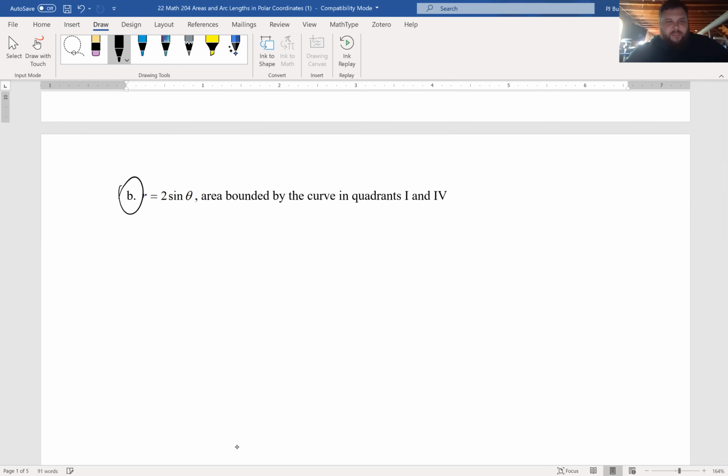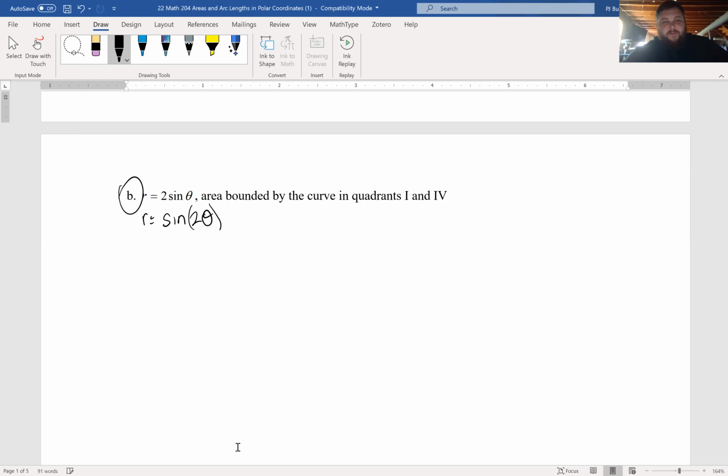And I'm actually going to change this one. Instead of 2 sine theta, which makes, actually you could do both maybe, because that one will be really easy. And then also do sine 2 theta, which is actually an interesting problem.